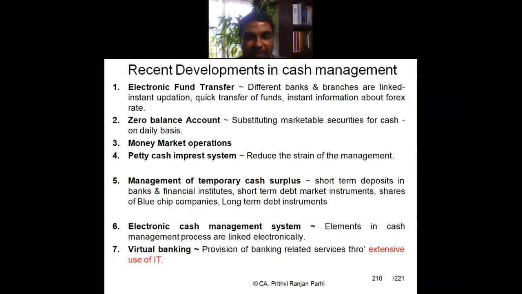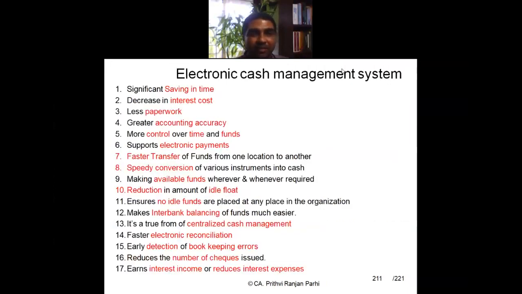Virtual banking, extensively with the help of computer, with the help of internet, banking can be done effectively. There are various advantages or features of electronic cash management system. You can go through it, read it.